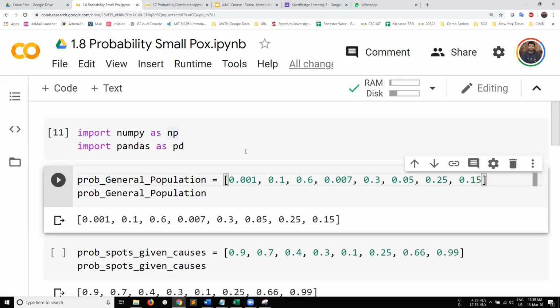Those are the numbers that we are defining here as a vector. So he has defined one vector and named it probability of the cause in the general population. And if you see, we have given the same numbers as were there in the Excel. These numbers represent the probability of that particular cause or that particular disease in the general population.